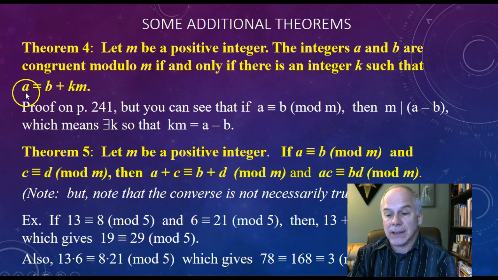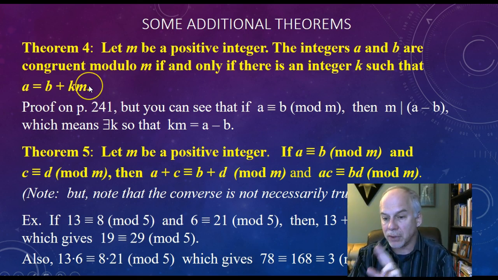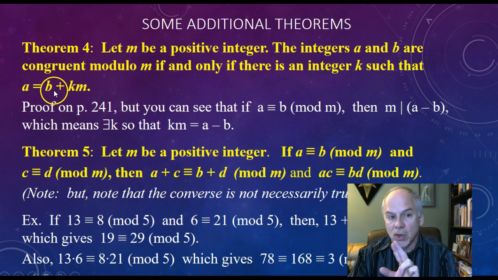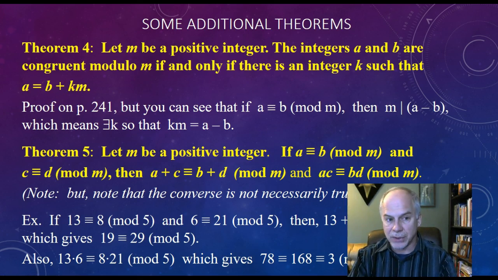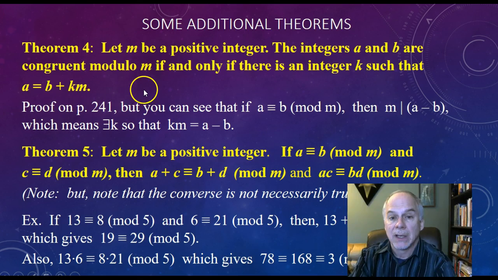Well, if you add a multiple of the number you're dividing by, won't the remainder, when you divide by that original number, be the same as the remainder after you add the multiple? So that's really the reason for it.